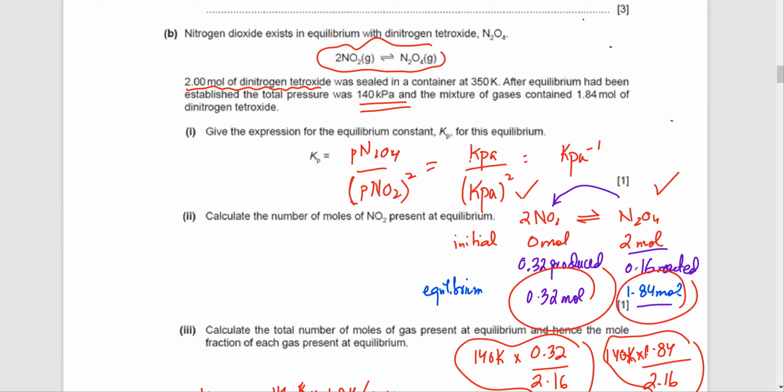So now the last type of question that I wanted to do was that if the value of either KP or KC is given, I just wanted to find if there was any tough question on this.